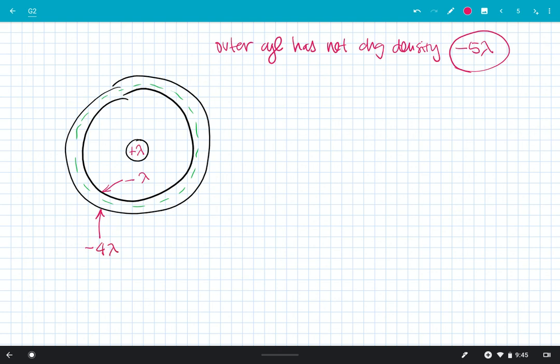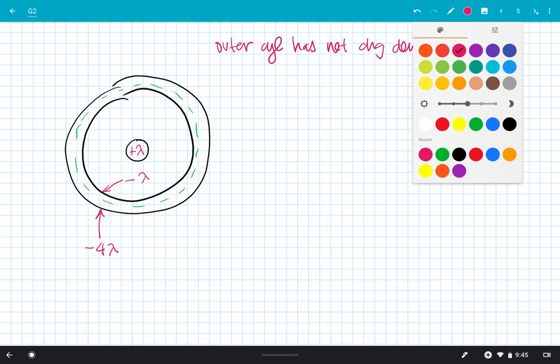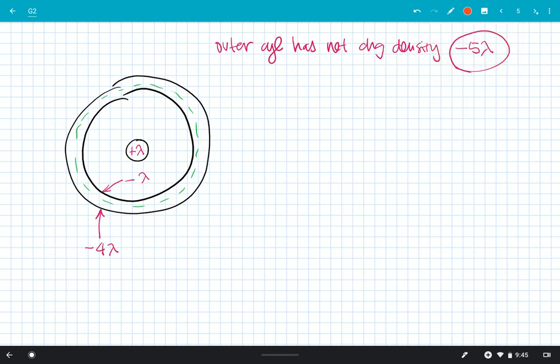So this would be a different case. If I have now a shell with negative 4 lambda on the outside, my electric field is not going to be radially outward. My electric field for this thing is now going to be radially inward, right? So that would have quite a different outcome.